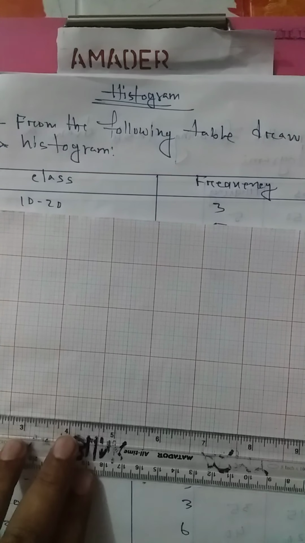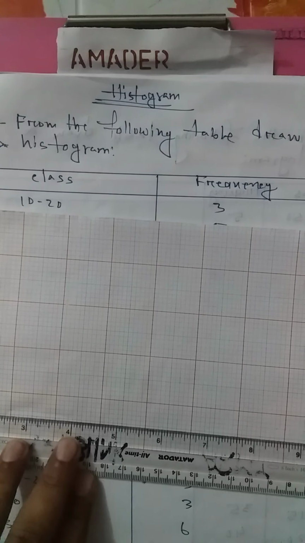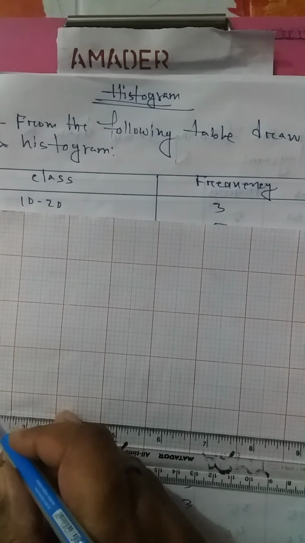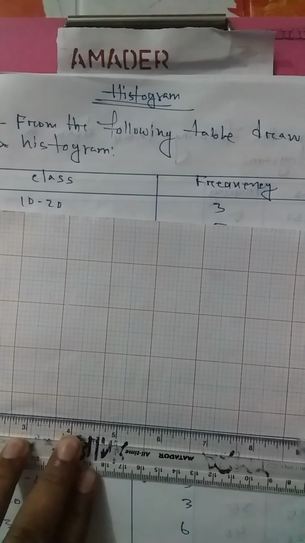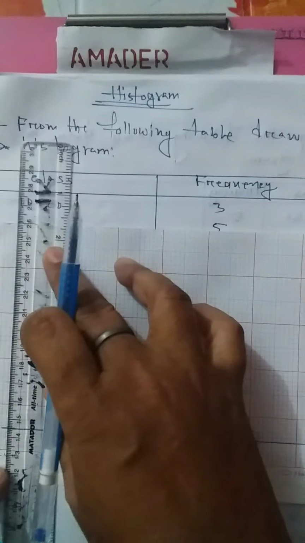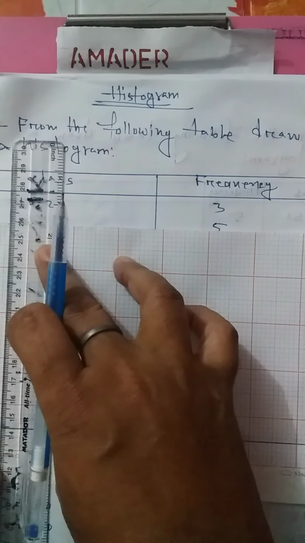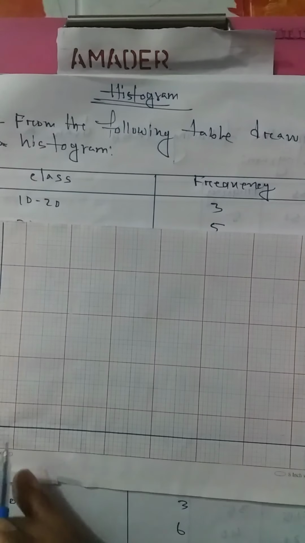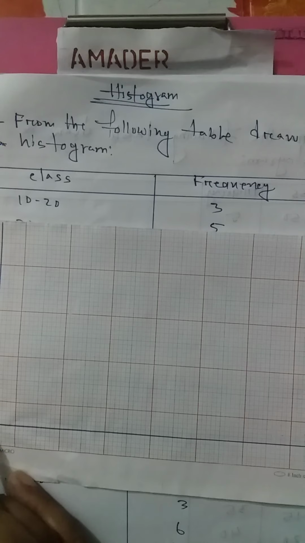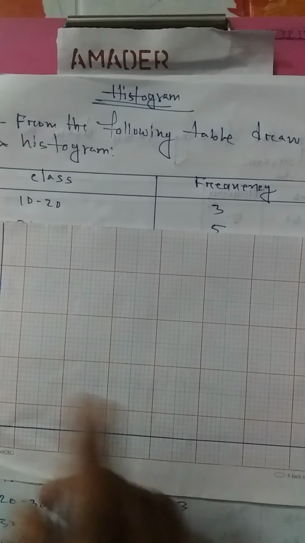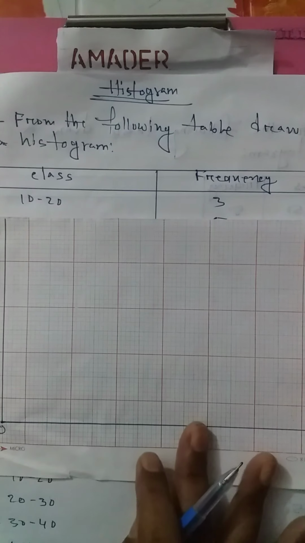At first, leave a gap below line 5, and draw the x-axis, the horizontal axis, and the vertical axis. This is the vertical axis.